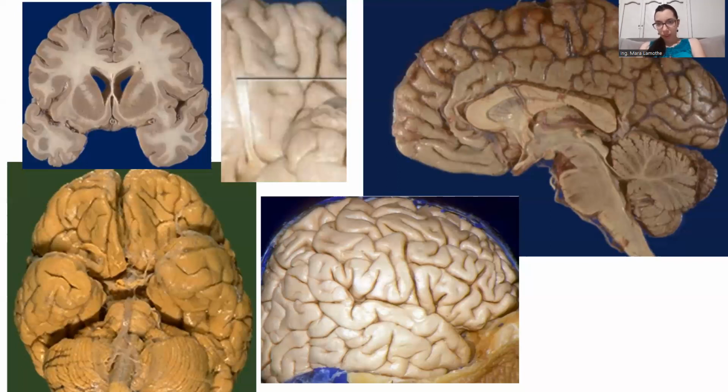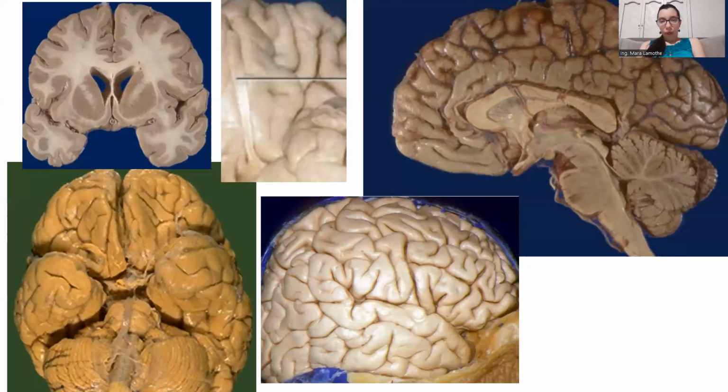The posterior part is in the parietal lobe. And we have the cingulum. This is the cingulate gyrus. This is the corpus callosum. This is the indusium griseum.